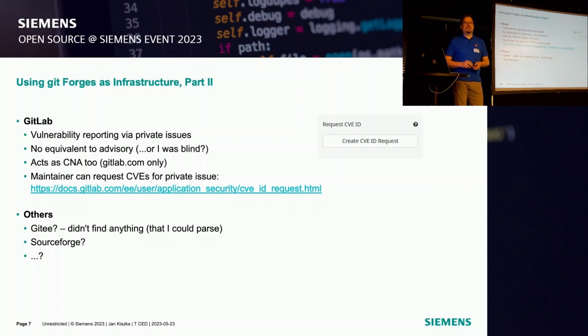But actually, if you are an open source project, it's at least worth having one of these GitLab or GitHub mirrors or channels as well, just to have this option to get the reporting and the CVE numbering that way. We actually discussed it for a project recently, which doesn't have that as a primary home, but has an official mirror on GitHub, to use that channel also to get a CVE number when needed. So this is a nice option to have.